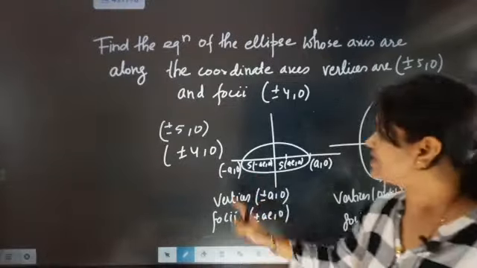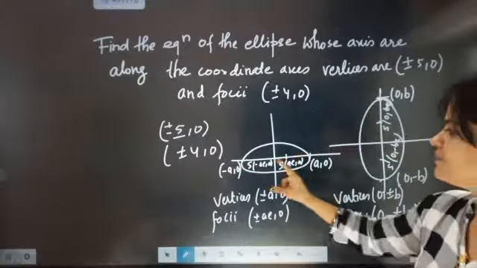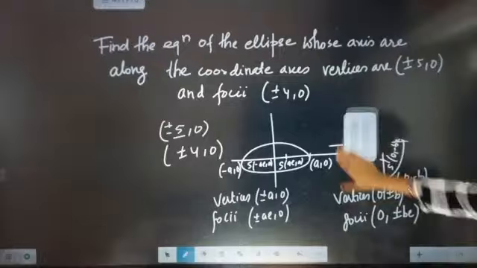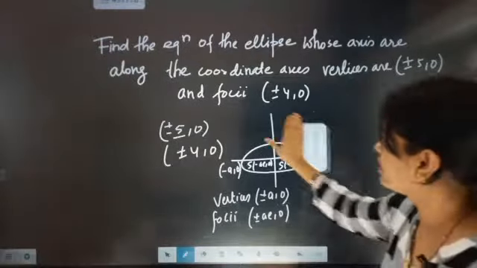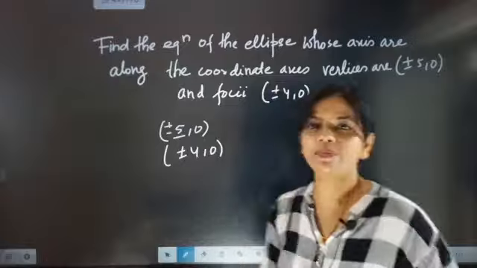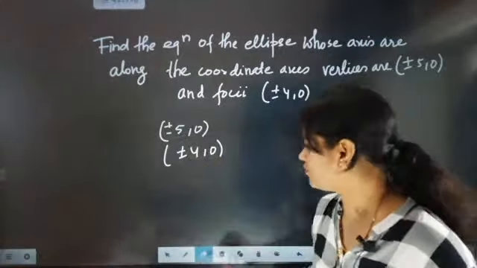By seeing this first point here, we have understood that the ellipse is resting on the x-axis. By seeing this section, you will be able to differentiate.